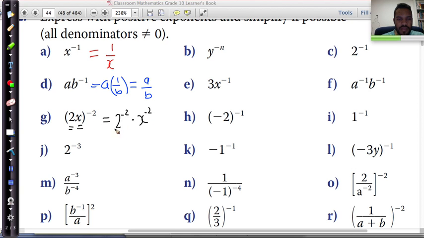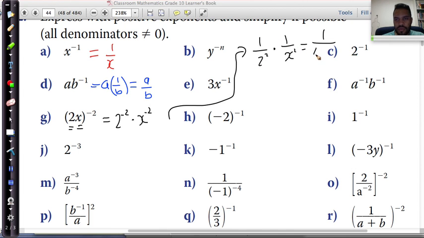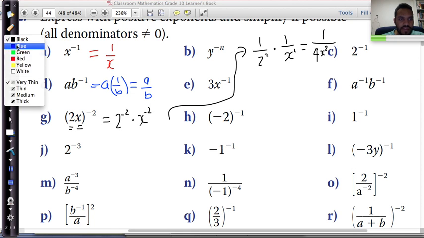So what you want to do is give me a solution that says 1 over 2 squared multiplied by 1 over x squared, which simplifies to, multiplying the numerators and the denominators, 1 over 4x squared.